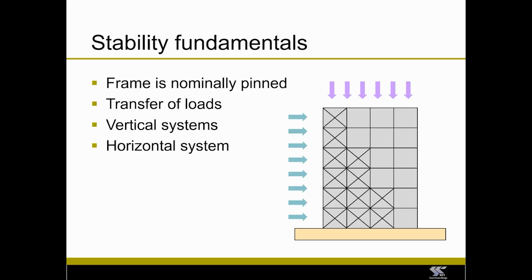So in this publication and this webinar, we've referred to them as stability systems. In many cases, it will be diagonal bracing, but it isn't that in all cases. So we've taken the option of using a more encompassing term of stability systems, and we'll talk about different types of stability system a bit later.